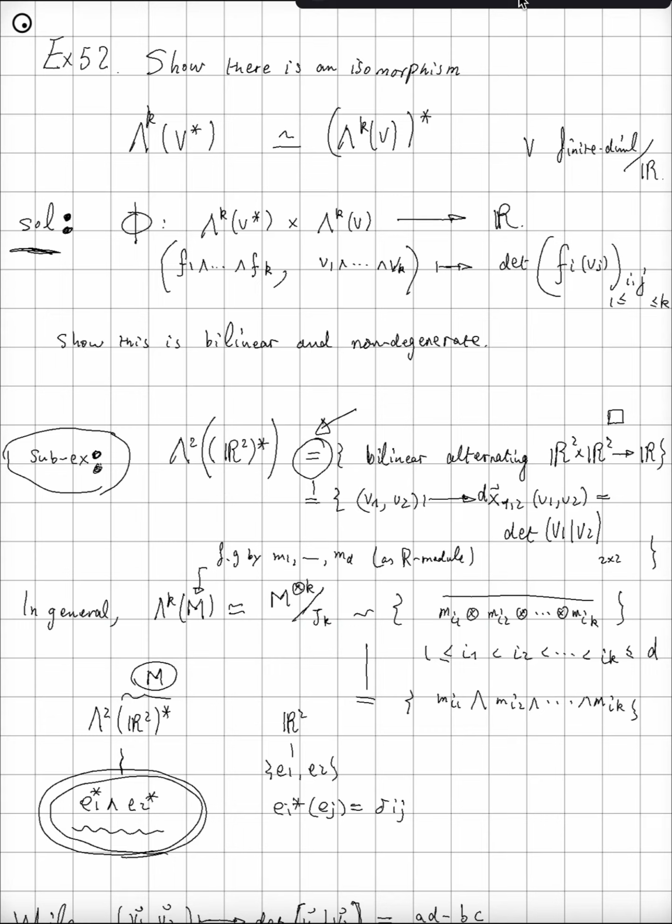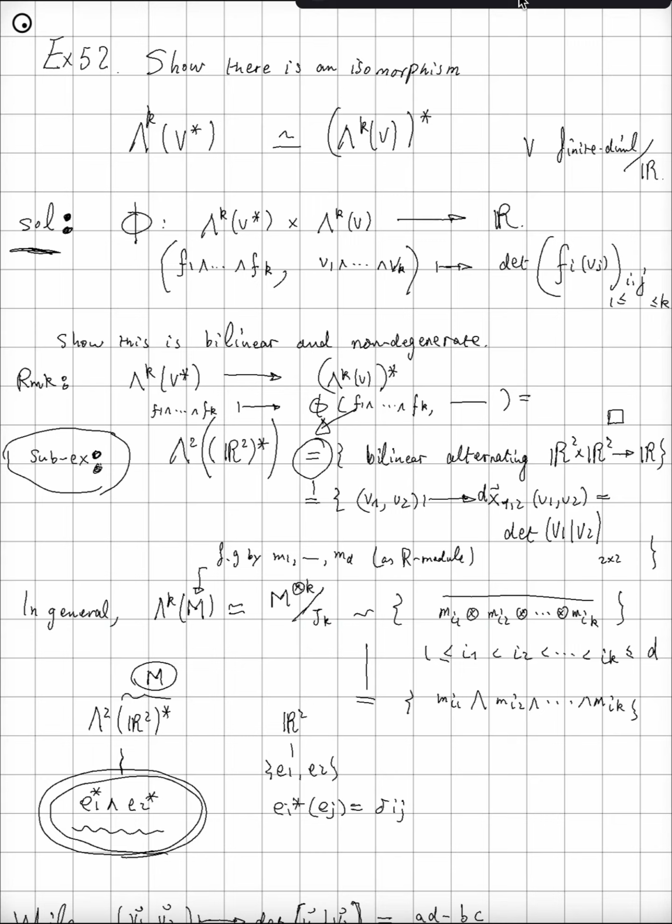So this is telling us you have constructed a map from here to the dual of it, mapping f1 wedge fk to phi of f1 wedge fk, and left the second position blank, right?